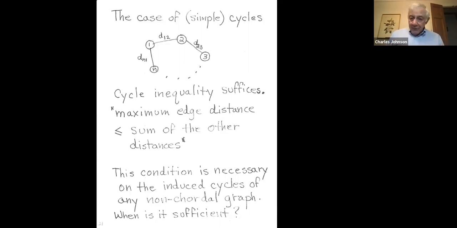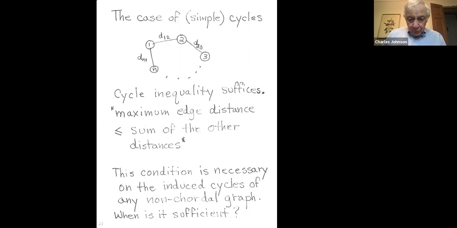What are the graphs for which those conditions are necessary and sufficient? Okay. So you can look at this one graph at a time, or you can look at it by listing some conditions and saying, what are the graphs for which those conditions are sufficient?